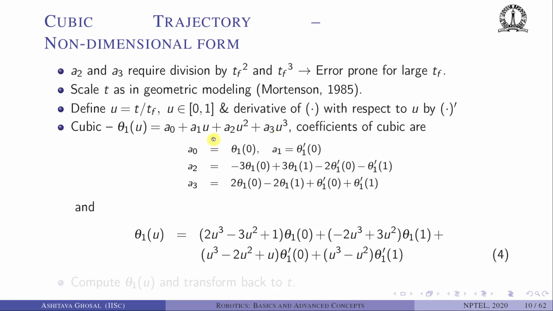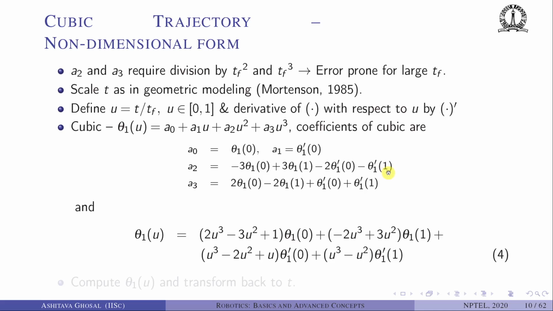If you substitute back all those given quantities, that is, at t equals 0 it is theta1(0), and the derivative at t equals 0 is theta1 prime(0), and so on, we can show that a0 is given by theta1(0), a1 is theta1 prime(0), a2 is given by minus 3 theta1(0) plus 3 theta1(1) minus 2 theta1 prime(0) minus theta1 prime(1).